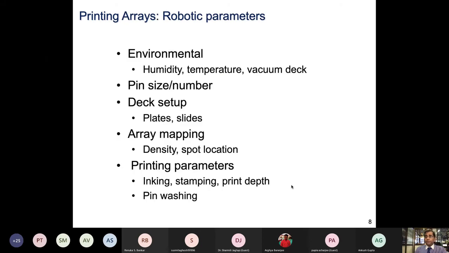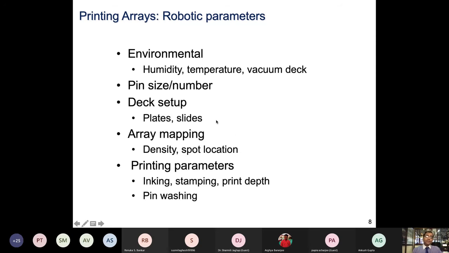These are things you have to think about. While printing, you have to make sure that you maintain the humidity properly, the temperature properly, and the deck with the vacuum. You must decide how many pins you want to use for printing, and whether you are going to take 96-well plates from the glycerol stock followed by protein purification or DNA, or 384-well plates.